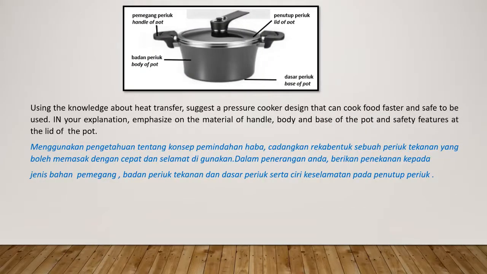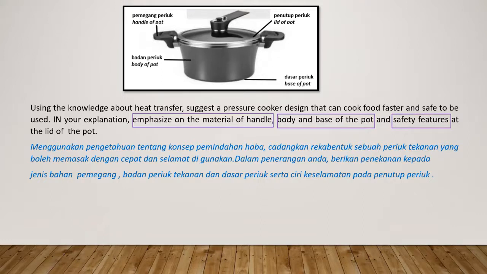This is our next question. Using the knowledge about heat transfer, suggest a pressure cooker design that can cook food faster and safe to be used. In your explanation, emphasis on the material of handle, body and base of the pot, and safety features at the lid of the pot.